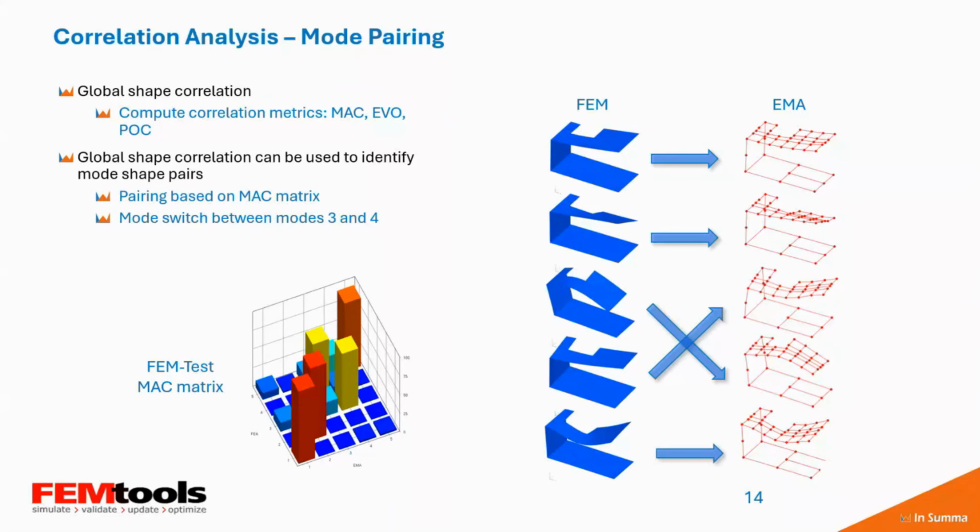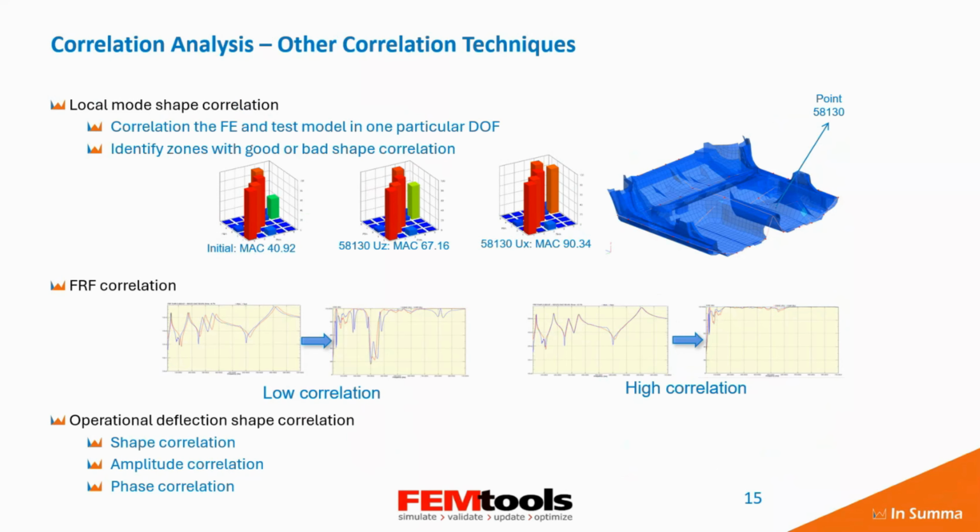So this is not just a nice plot to have, but it helps us to correlate the frequencies, because you will have to, in this case, compare the fourth experimental frequency, or the test frequency, with the third FE frequency in order to make the right assessment of the data, because sometimes, during the test phase, modes can be switched. This helps us to also validate the quality of the test data that we are receiving, as in this case.